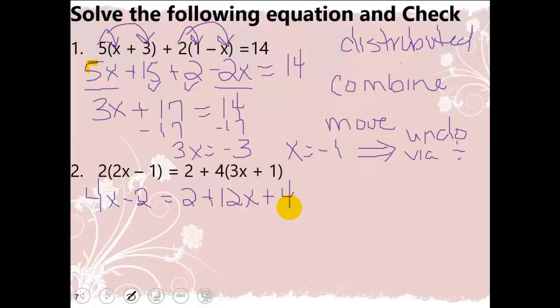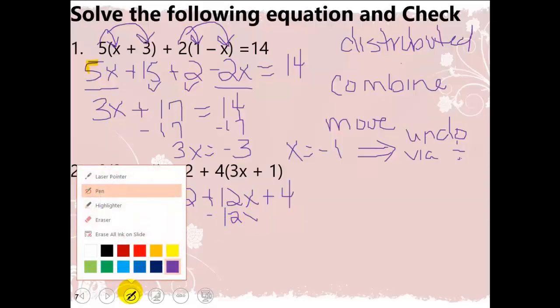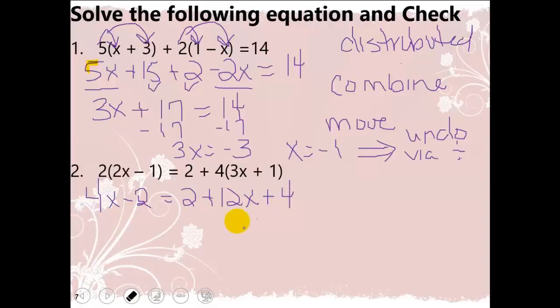I'm going to move my 12x to the left. Well, let me combine first. I'll combine. And I get 4x minus 2 is equal to 12x plus 6.